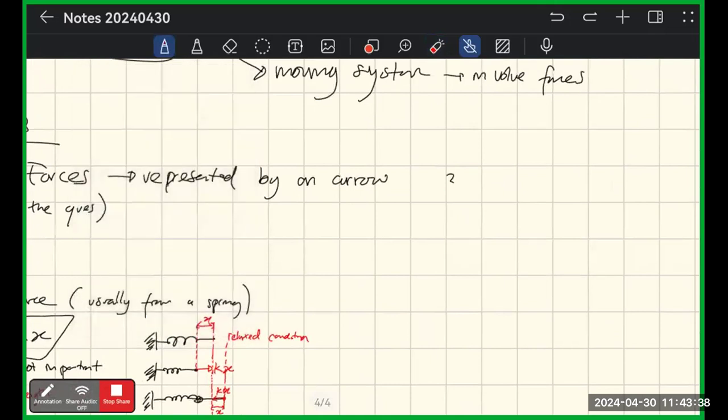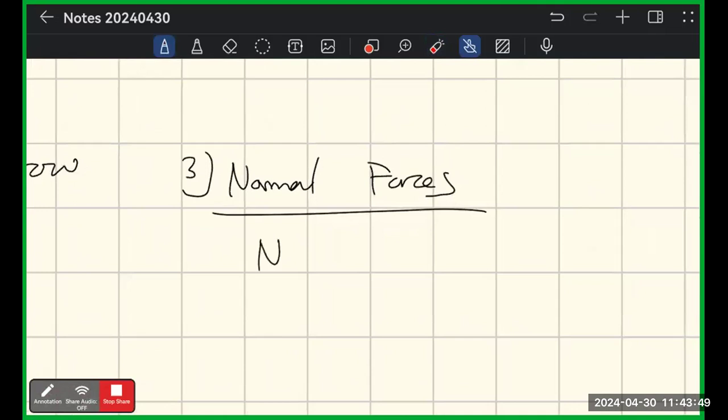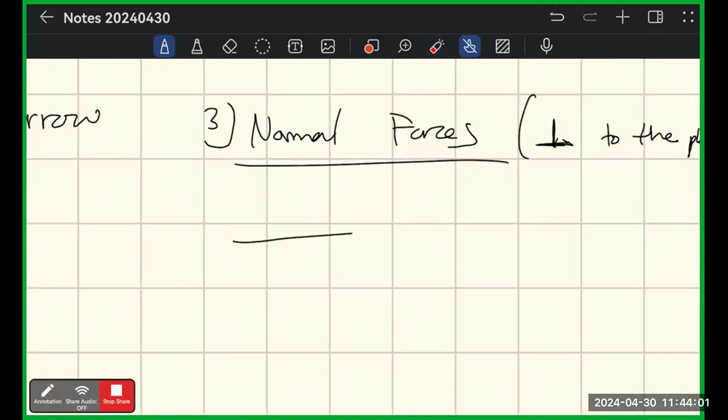And then there are normal forces. The normal force is just n. It's always perpendicular to the plane. So if you have this plane, the normal force is here.